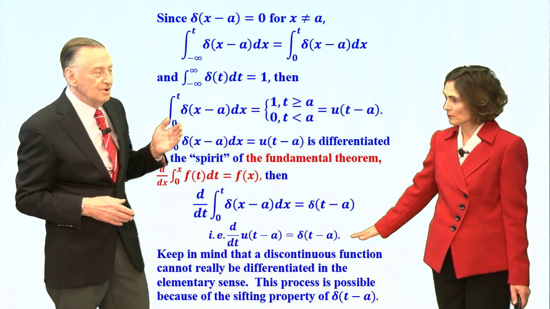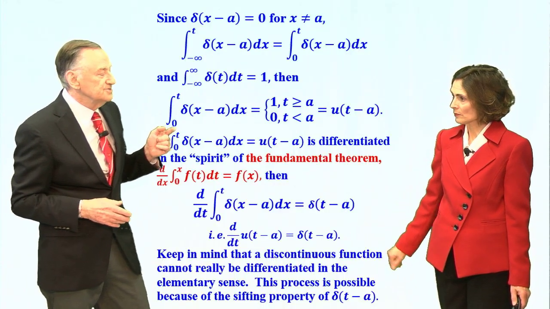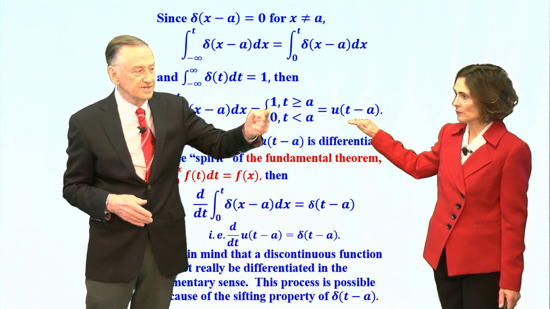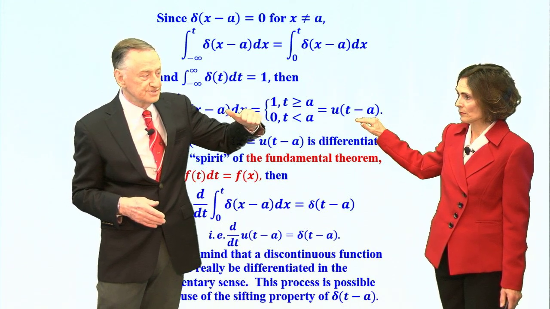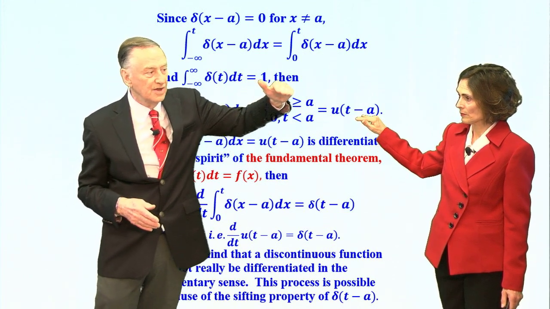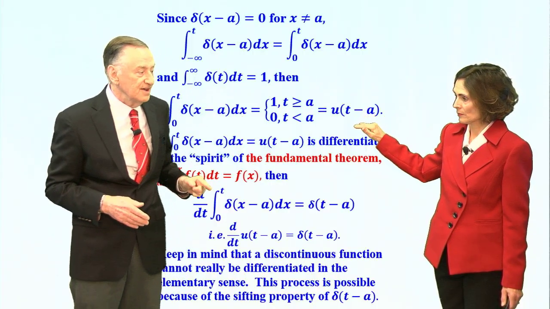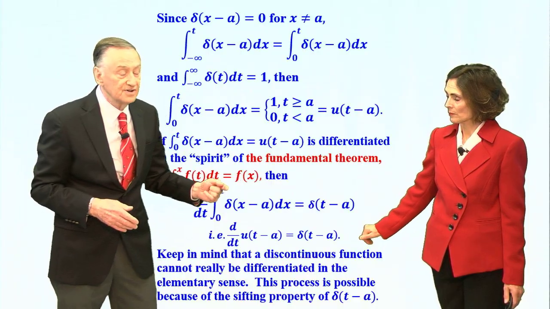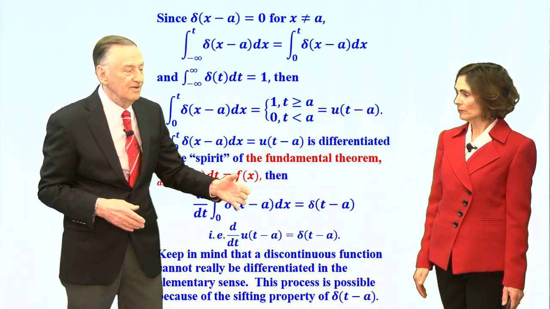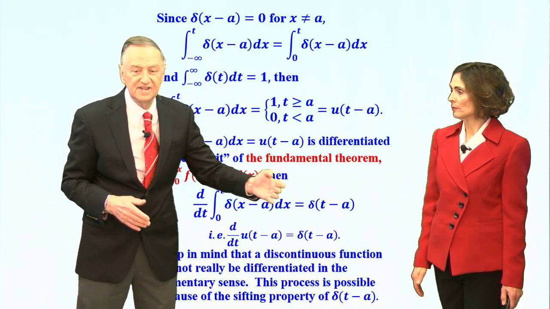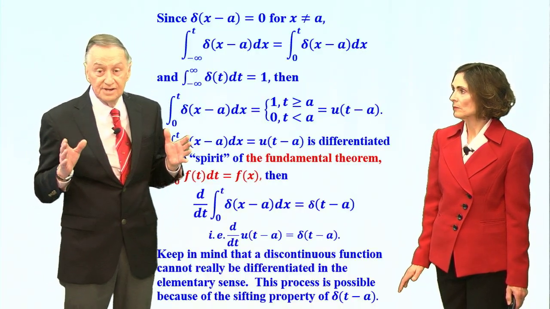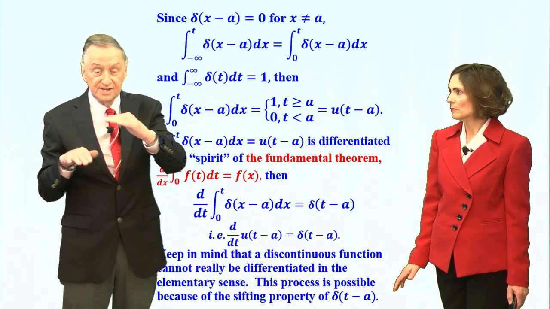The integral from 0 to t of delta of x minus a dx was the unit step function. Remember, we were 0 up until we got to a, then 1 thereafter. So that's the unit step function. So we're really taking the derivative of the unit step function here, and what we have is delta of t minus a. Again, this is not actually a function, and u, of course, is not a continuous function.